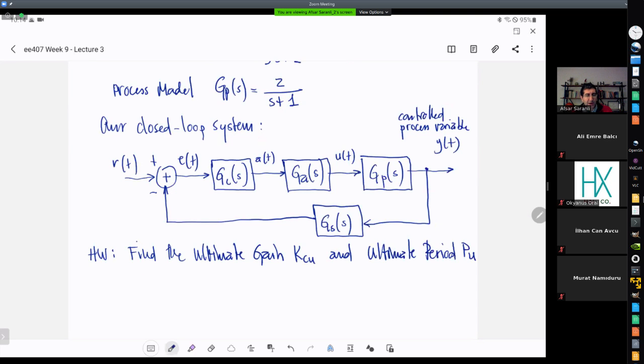Can you guys tell me how you can do that for this kind of system without simulation? Actually, I want you guys to be able to find these analytically, because now this system is fully given to you, and it is also linear. So you can actually do everything that is achieved by Ziegler-Nichols theoretically. Okay? Any ideas how to do that?